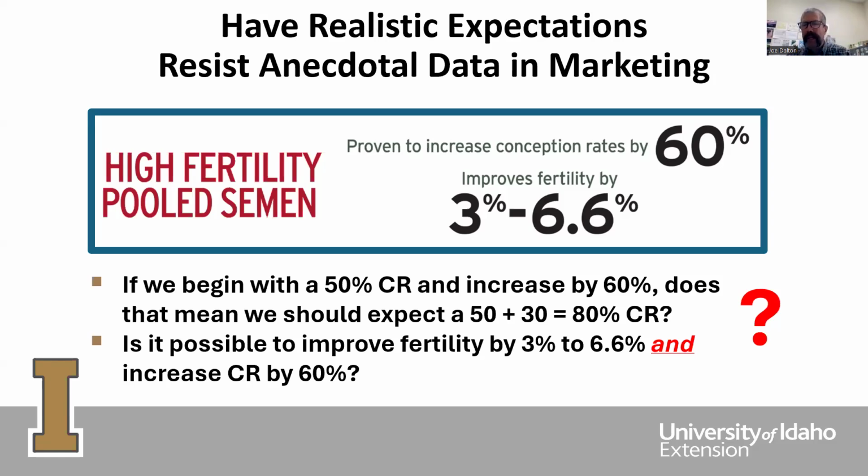And then that second bullet point, is it possible to improve fertility by 3 to 6.6% and increase conception rate by 60%? I don't have any idea. Okay? We need more hard data, not anecdotal data. We need more data from appropriately designed, peer-reviewed research. Because truthfully, I can't explain what's on this slide.